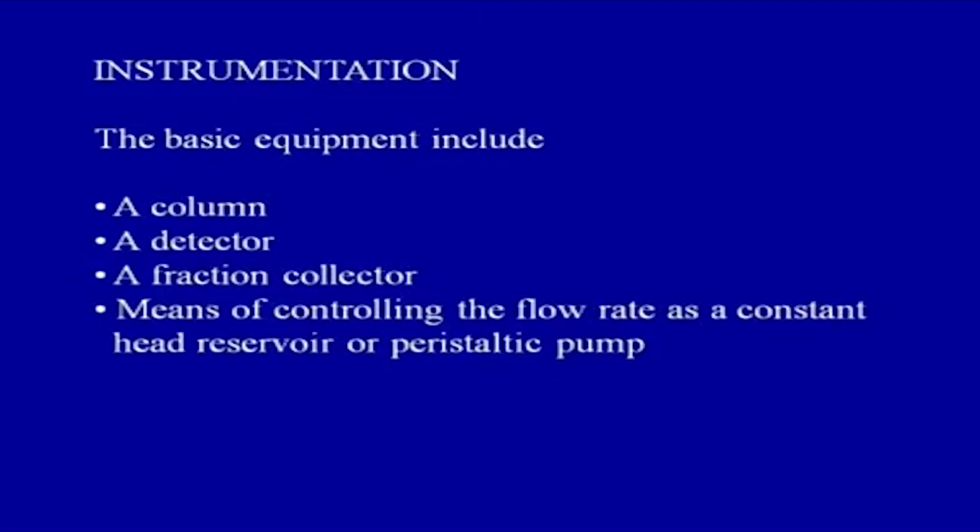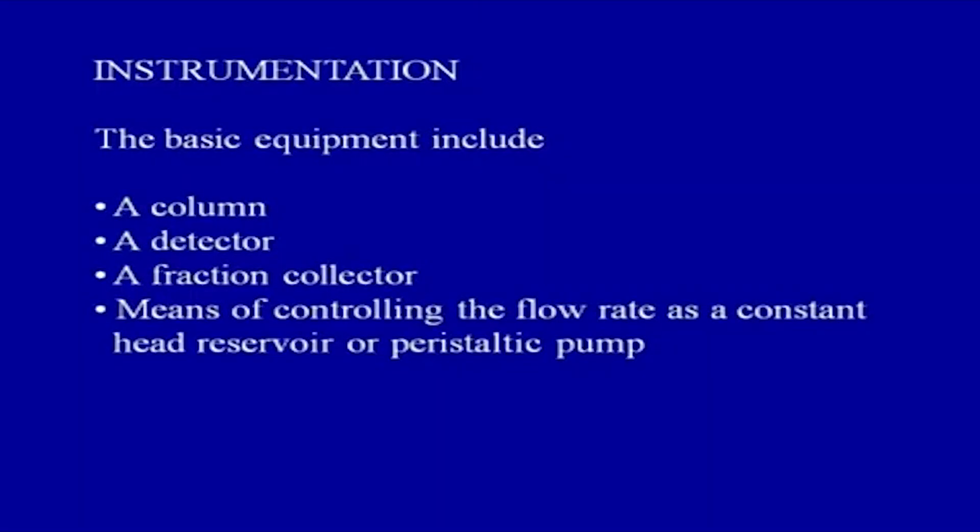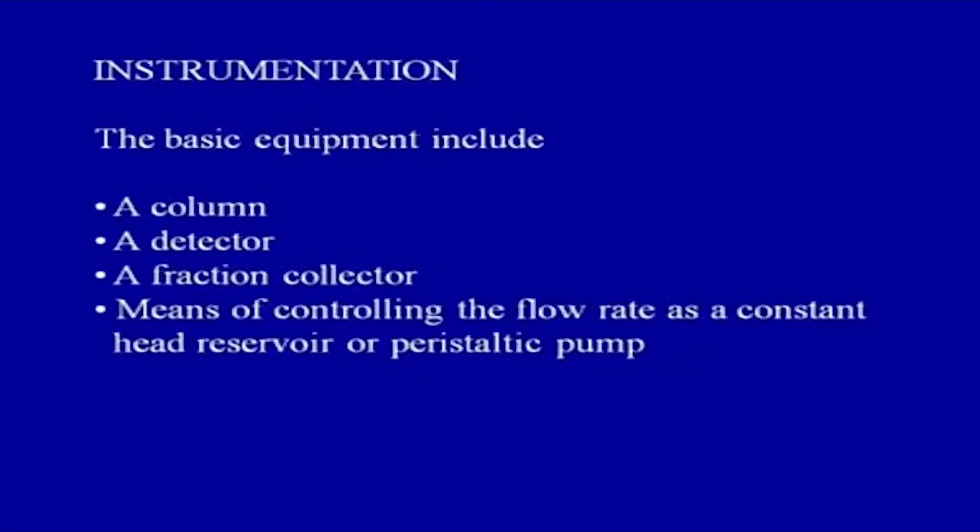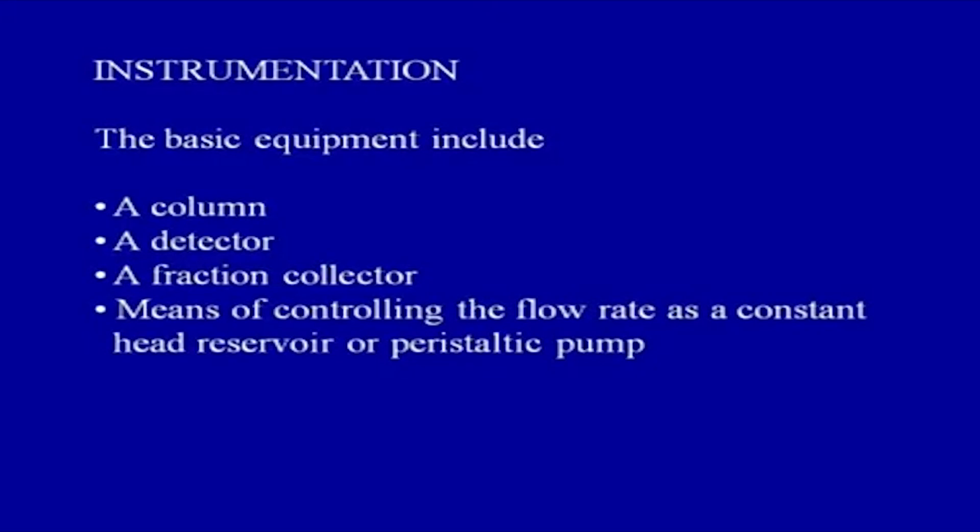You require a detector so that you can see the peaks coming and follow the purification visually. Then you require a fraction collector to collect the different peaks separately. The flow rate also has to be controlled. You can have a constant head reservoir, but that is not very suitable. You require a pumping system: for low pressure it could be a peristaltic pump, or for high pressure it could be a constant displacement or other pump.